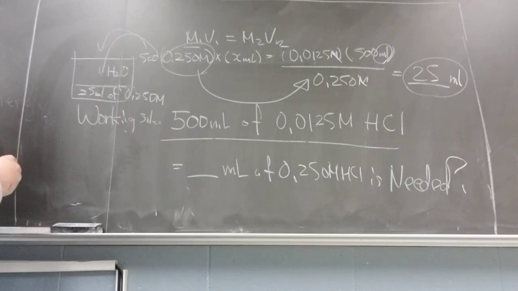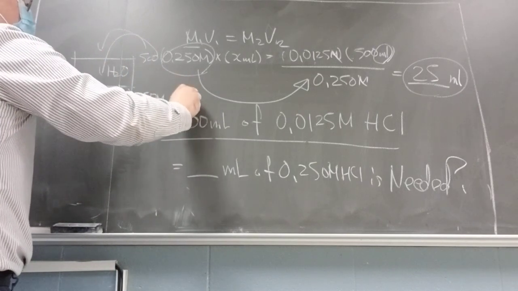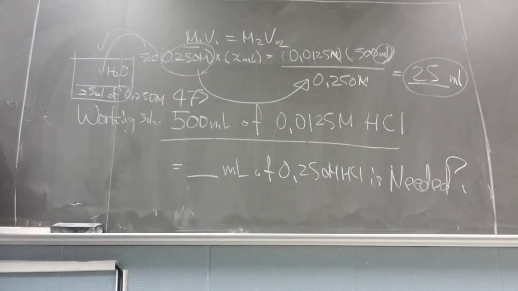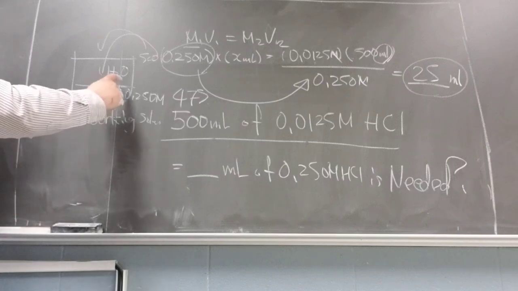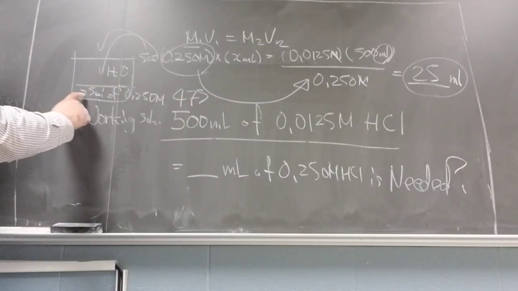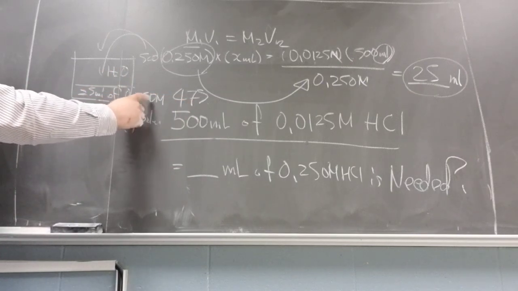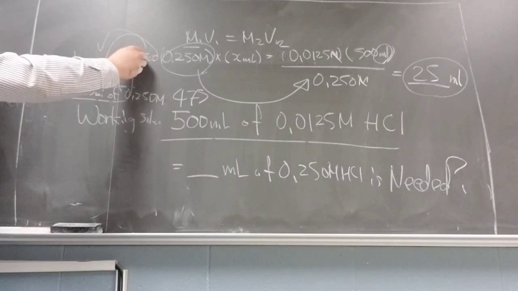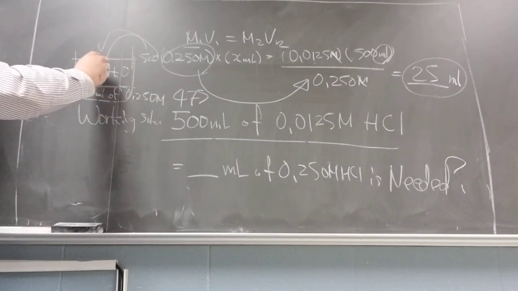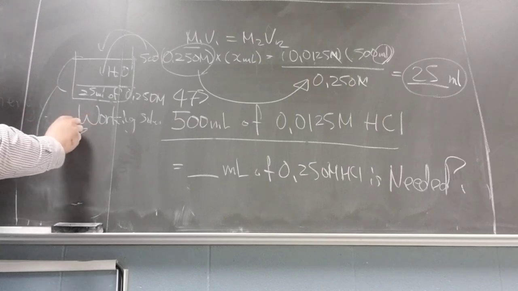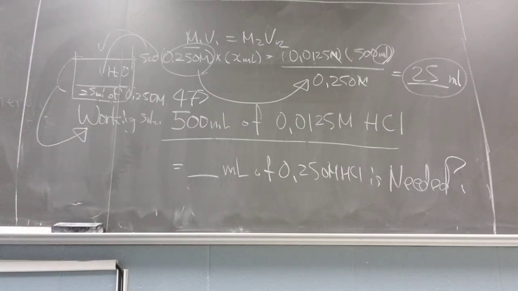Meaning 500 minus 25 is 475. So we add 475 mL of water with the 25 mL of the 0.25 stock solution. So it becomes diluted, your working solution. So it's done.